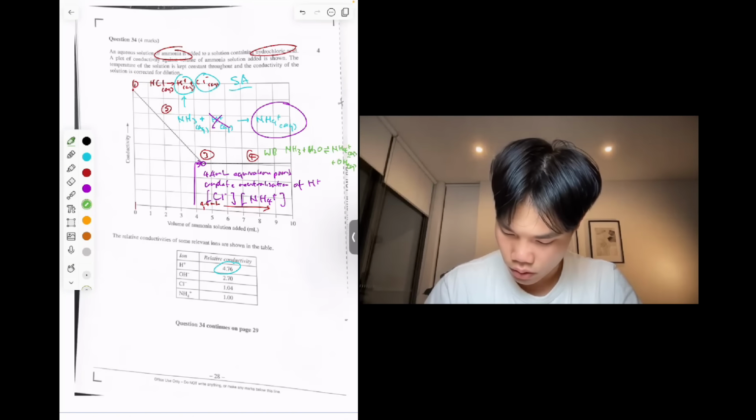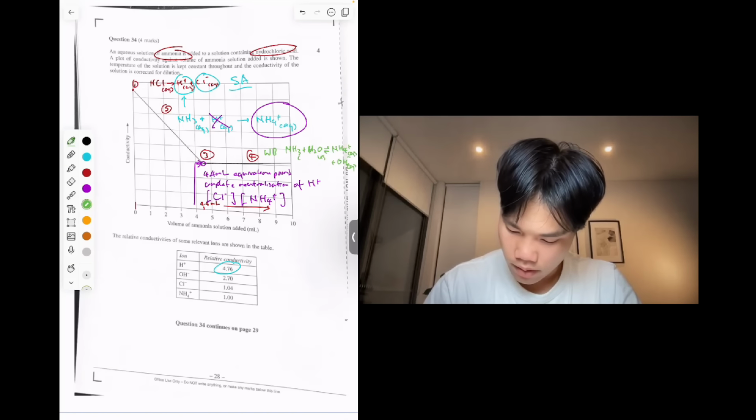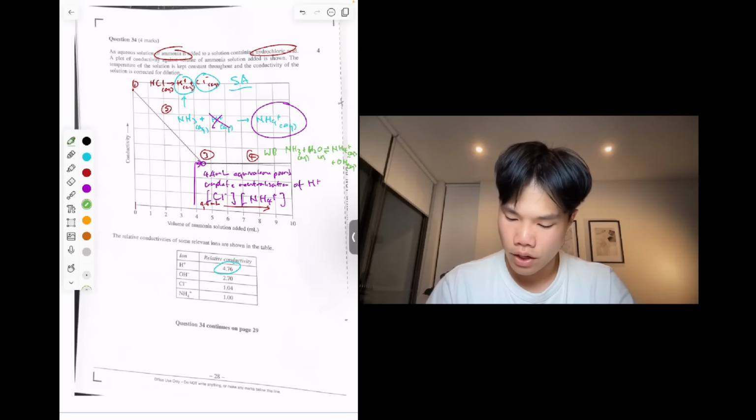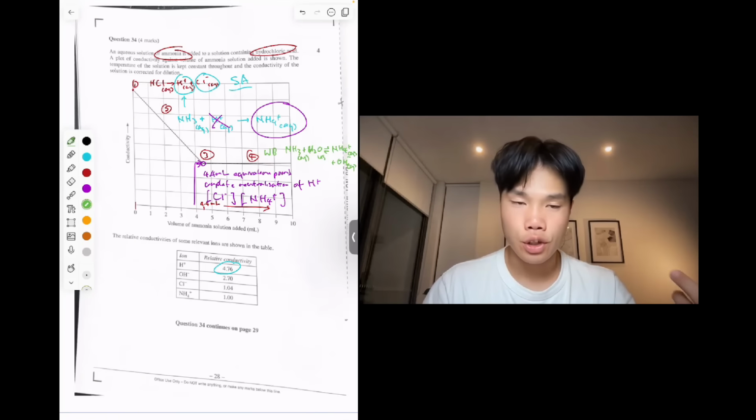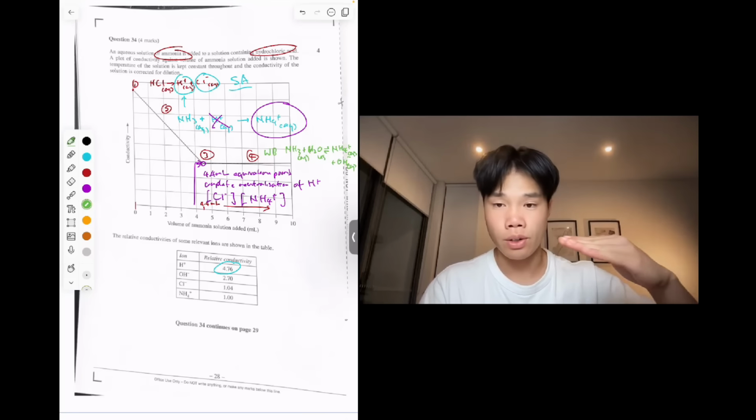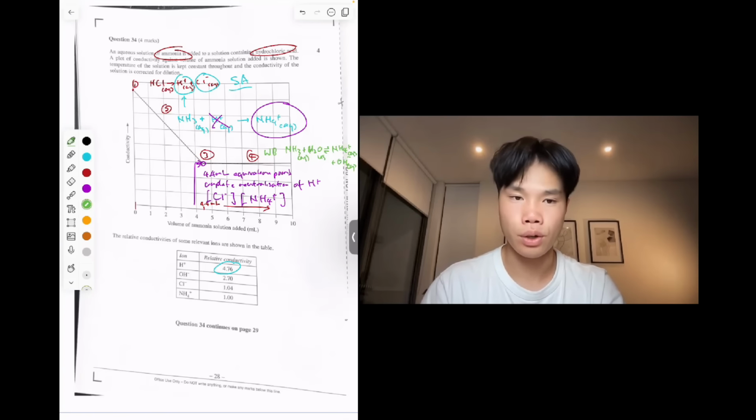Excuse writing into the no writing space. But essentially you have this equation and you say that only a small percentage of ammonia dissociates into NH4 plus and OH minus, which means that the conductivity only very slightly increases from there onwards.